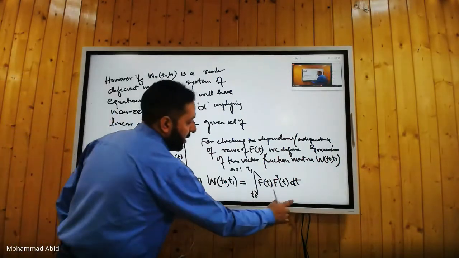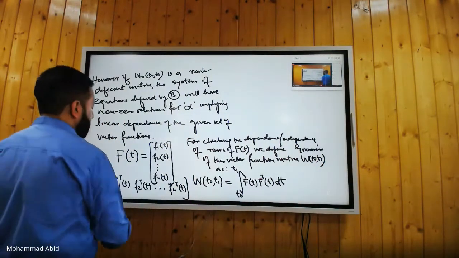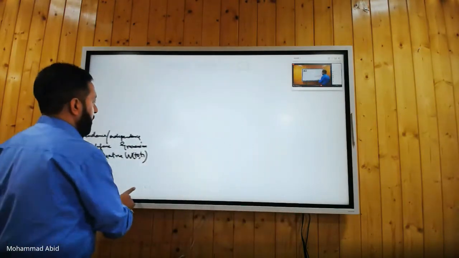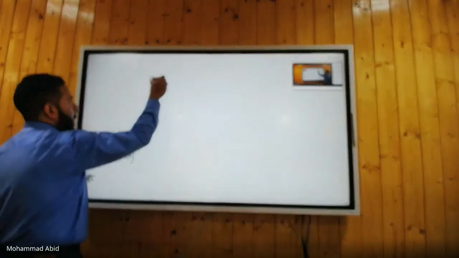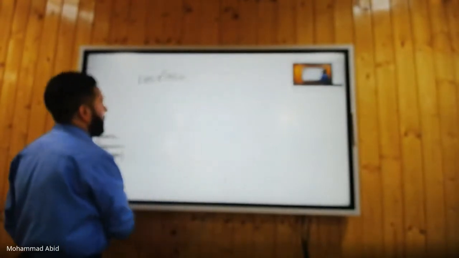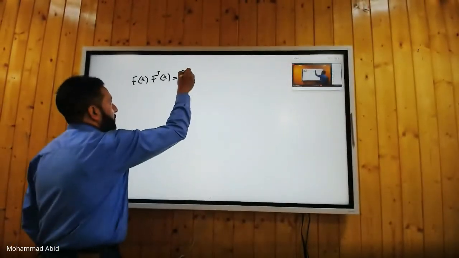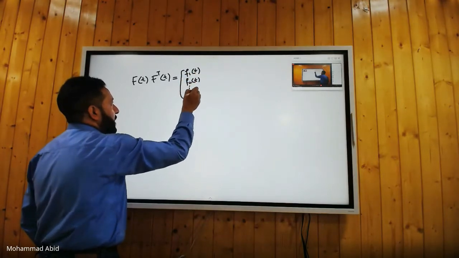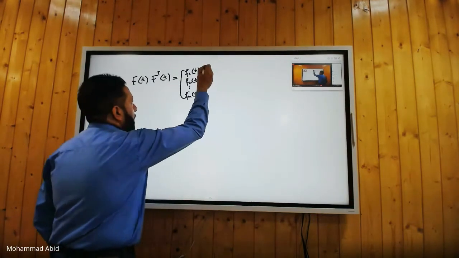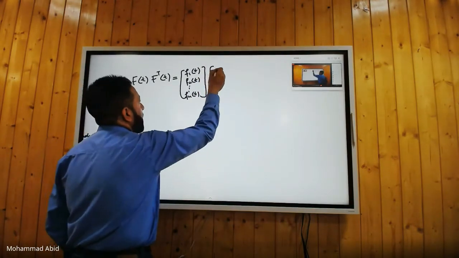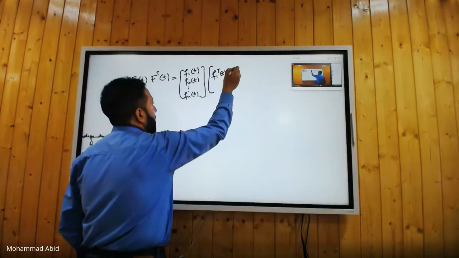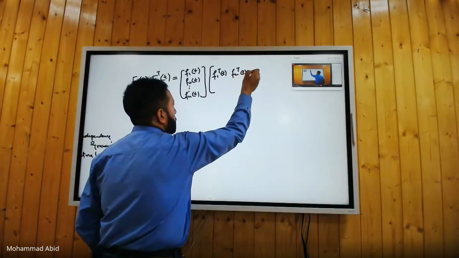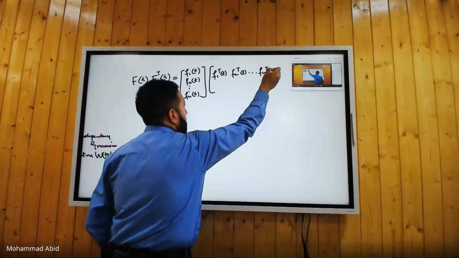So if I take ft into f transpose t, I'll have ft defined like this: f1t, f2t, so on up to fnt. This I have to multiply by f1 transpose t, f2 transpose t, so on, fn transpose t.